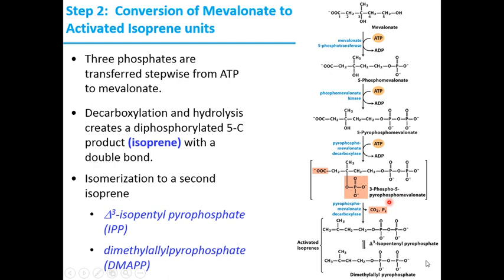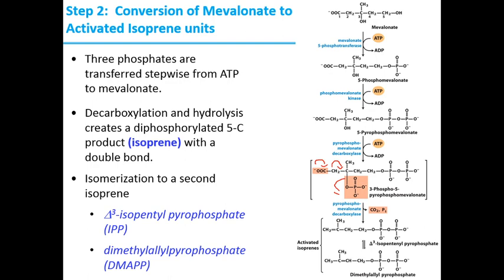So how does the decarboxylation mechanism go? In this case, the electrons are pushed from here to here, and this bond pushes electrons here, and this phosphorylated hydroxyl then leaves. So the mechanism is quite simple.